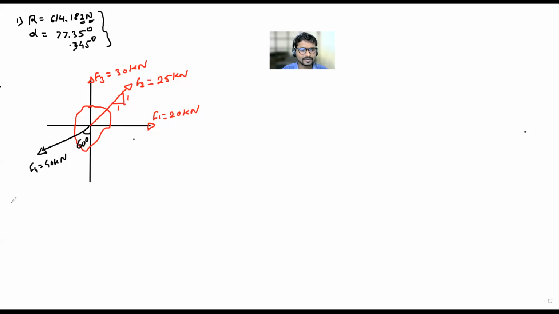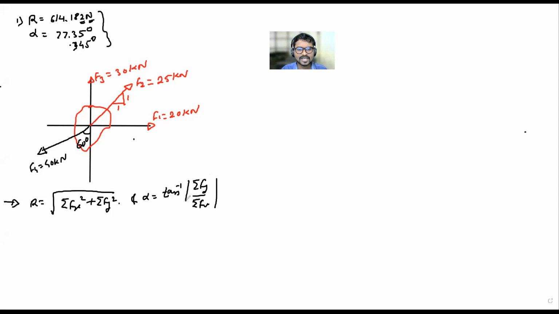When we want to have a resultant, we know the equation for the resultant as R is equal to under root summation Fx square plus summation Fy square, and alpha is equal to tan inverse summation Fy by summation Fx.